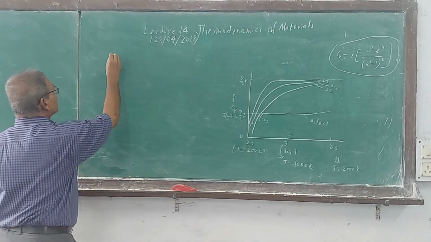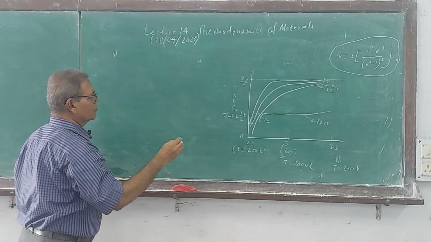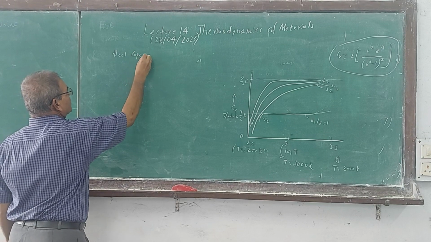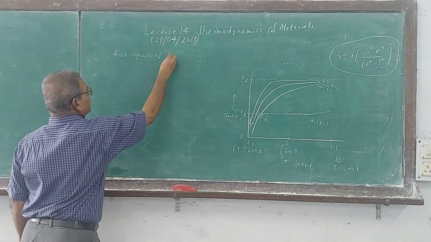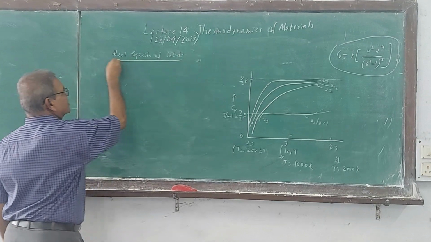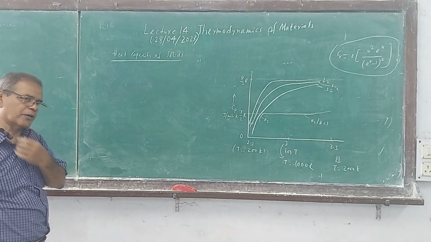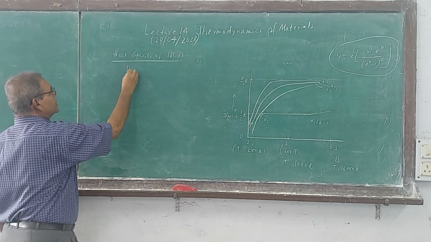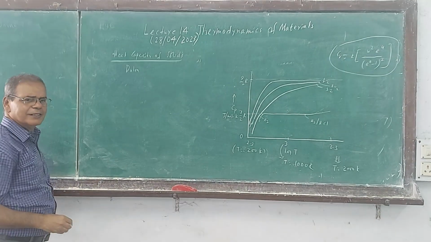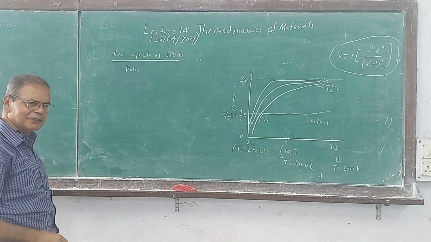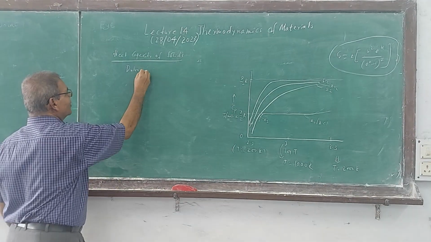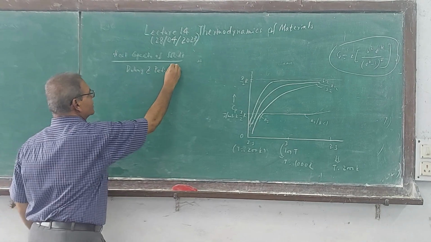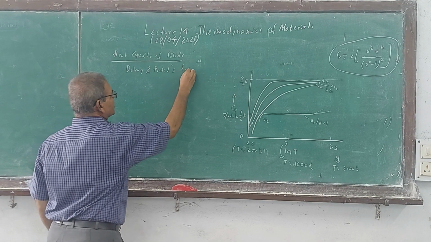Now we will take up heat capacity of solids. Gases are over, ideal gas over. Solids is what you know. What comes to your mind when you hear heat capacity of solids? Dulong and Petit's empirical observation.